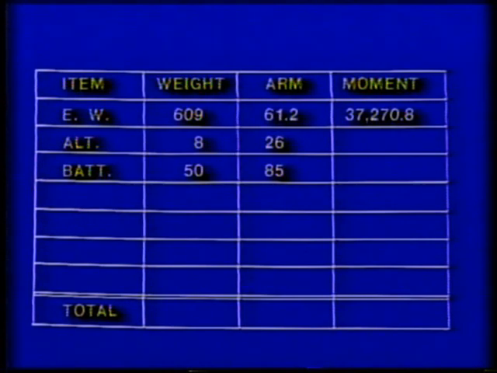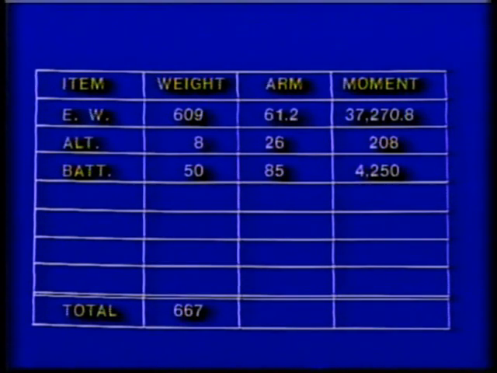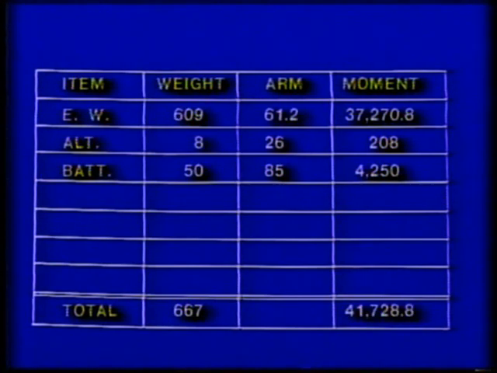The moment of the alternator is 208 pound-inches, and the moment of the battery is 4,250 pound-inches. Adding all of the weights, we have a total of 667 pounds. The total moment is 41,728.8 pound-inches.